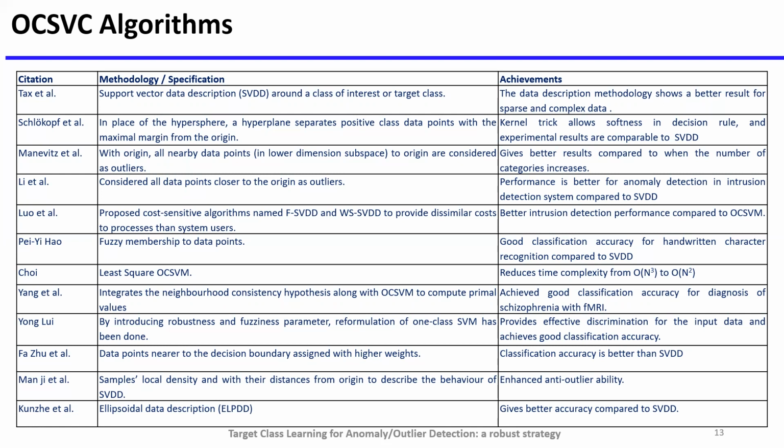Likewise, we may have optimized loss functions, so the variant may be the pinball one-class support vector machine, the hinge loss one-class support vector machine, or the rescaled hinge loss one-class support vector machine, or we can assign fuzzy membership to data points such that our boundary becomes more flexible to cope with false predictions.